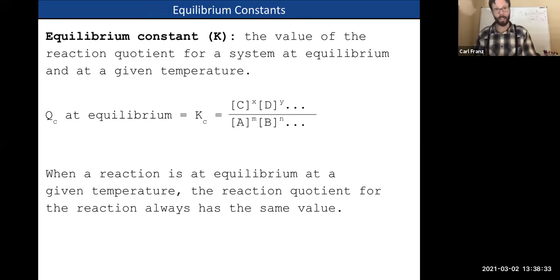Different reactions are going to have different Ks, right? They're going to have different constants. What is the K? It's just the ratio of those two concentrations of reactants and products. So depending on the reaction, its ratio is going to be different to reach equilibrium than some other reaction.